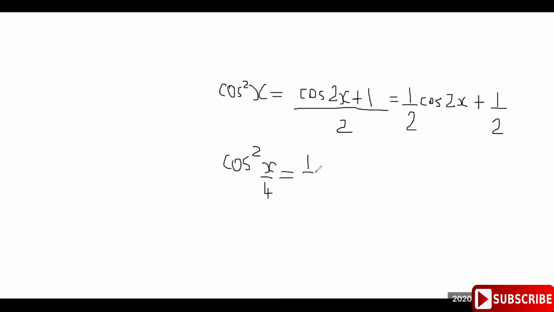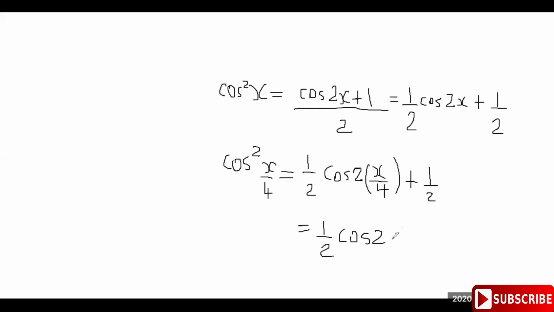So we get a half cos of 2 times x over 4, plus a half. Now in the cos of 2 times x over 4, the 2 cancels a 2 out of the 4. So it works out to be a half cosine x over 2 plus a half. So that's cos square x over 4.